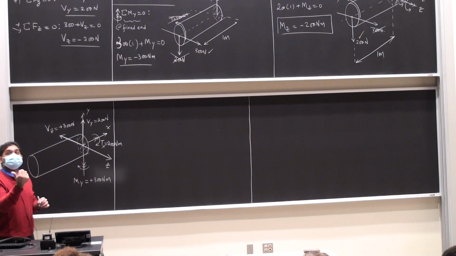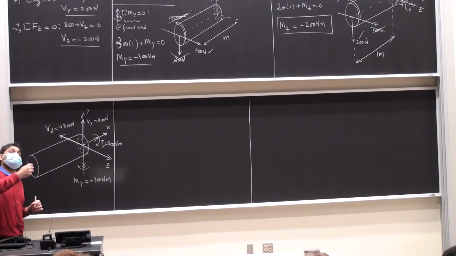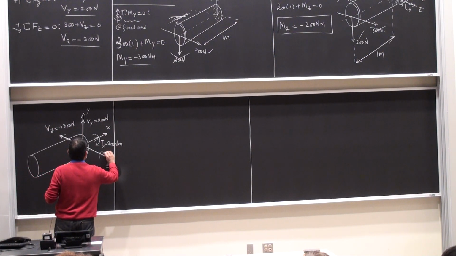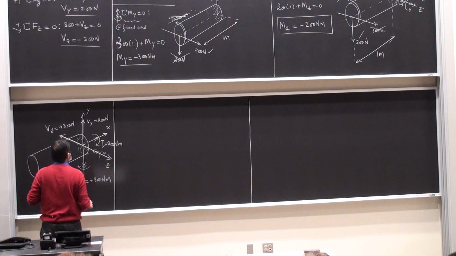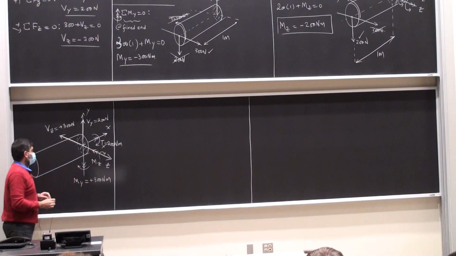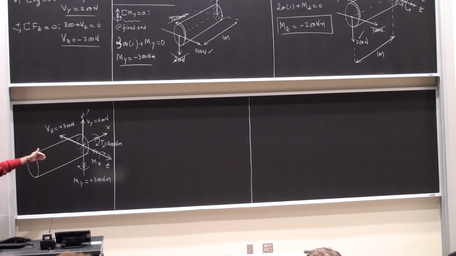Mz was taken to be along the positive z-axis to begin with. I got a negative sign, so it's going to be pointing along the negative z. This is Mz. And the way I have drawn Mz, it is now positive 200 newtons.